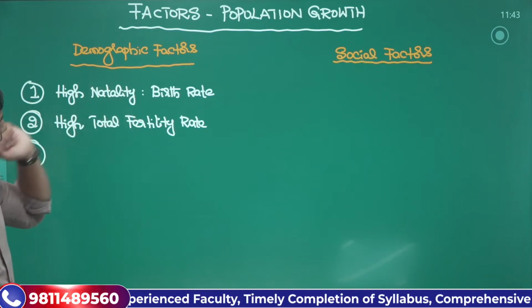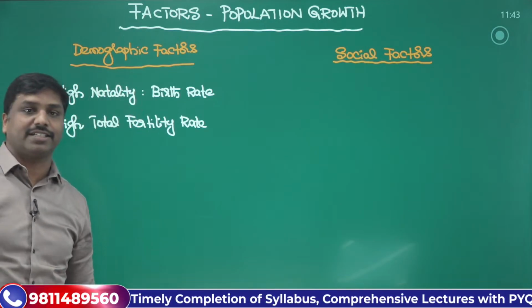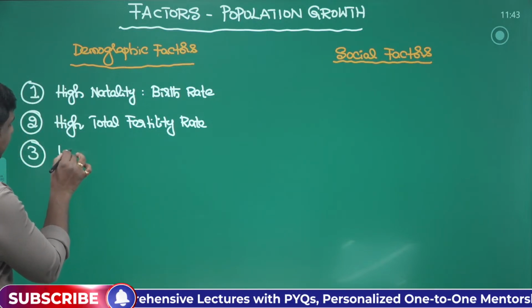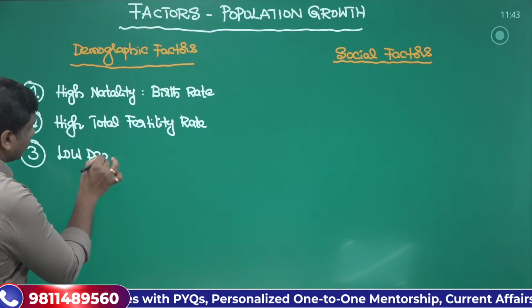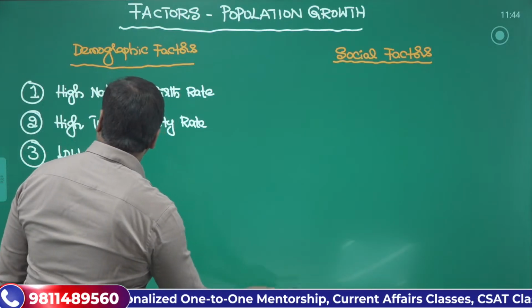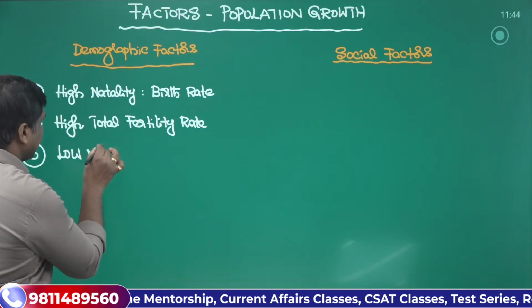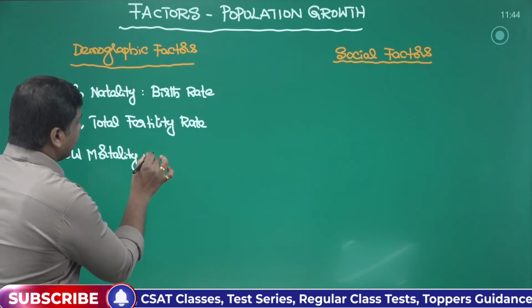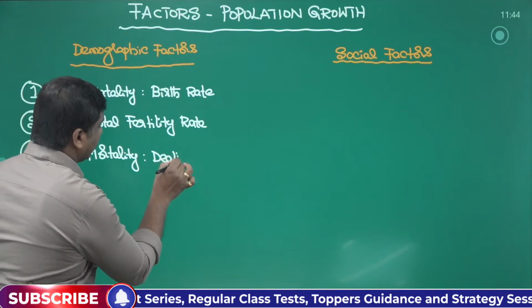So high natality rate, high fertility rate. This is one thing. And coupled with the low death rates, or you can mention it as low mortality rates, that means death rates.